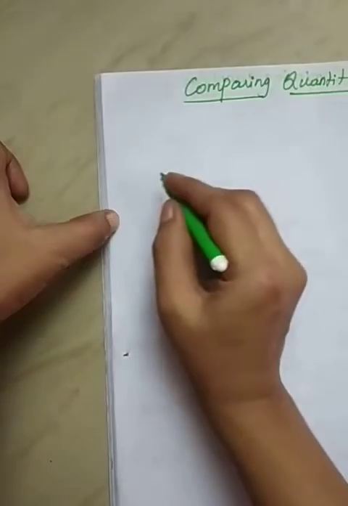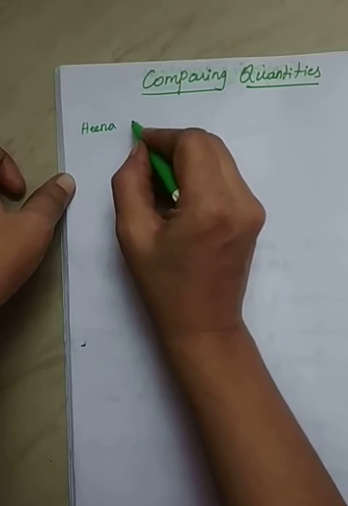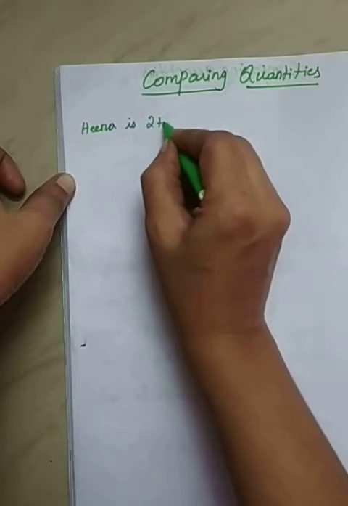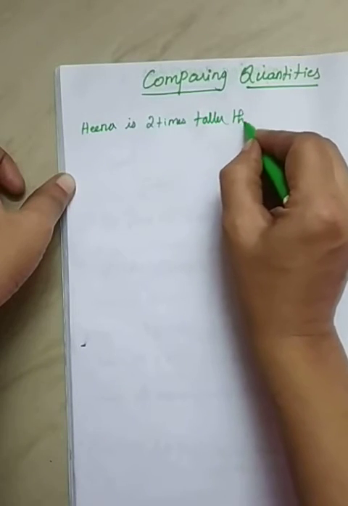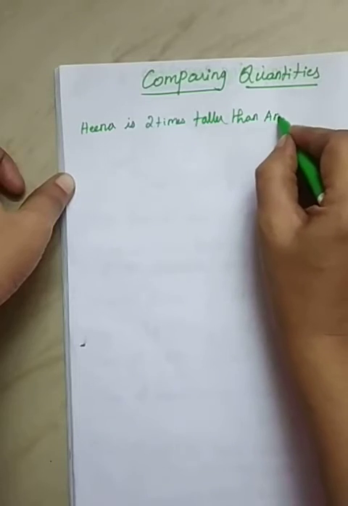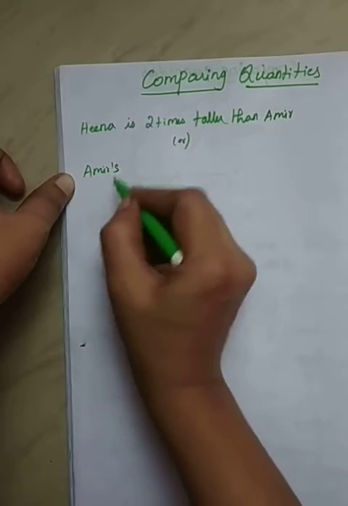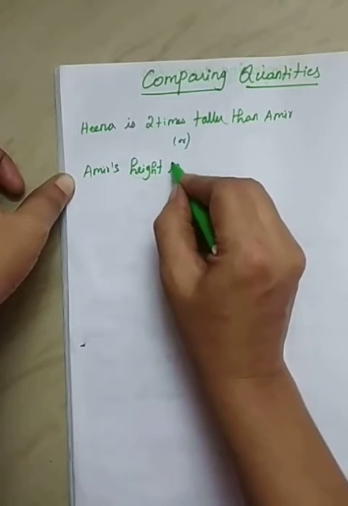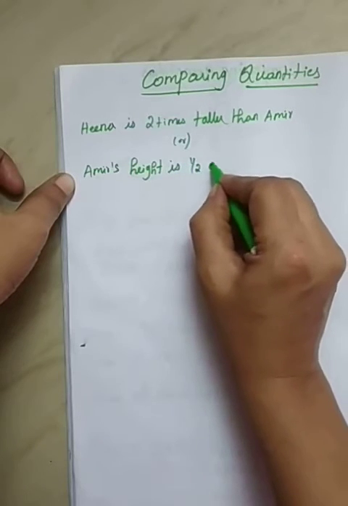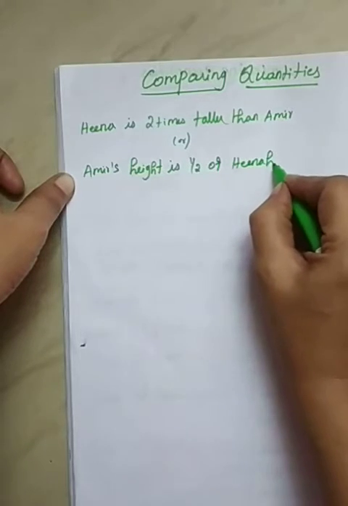Okay, so in that one we have to see Hina is 2 times taller than Amir, or otherwise we can say the other one is Amir's height is 1/2 of Hina's height.